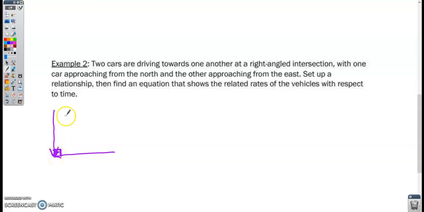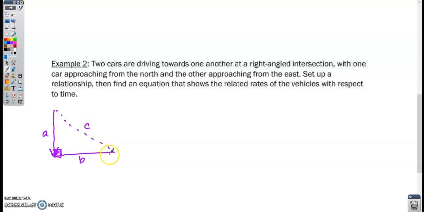Well, the distance between the 2 cars should be the hypotenuse of a right triangle there. If we call the one car A and the other B, we know that the distance between the 2 of them at any moment in time is c.